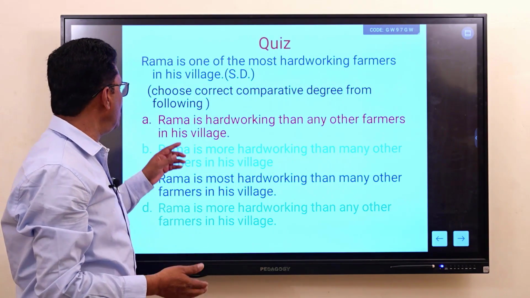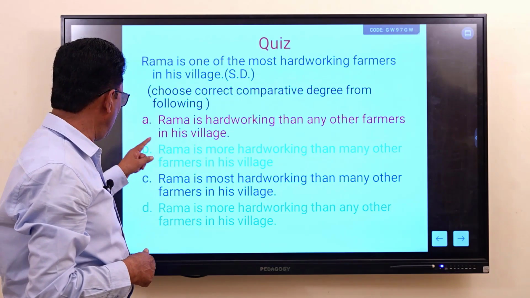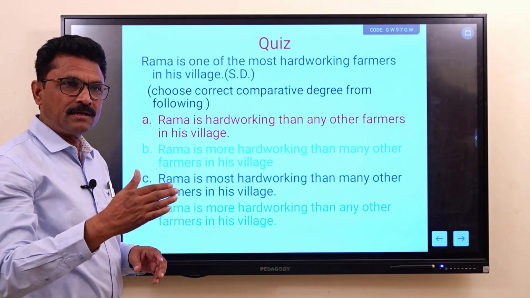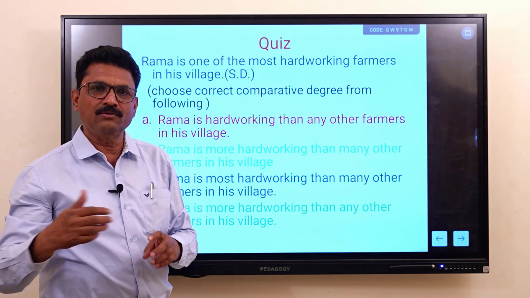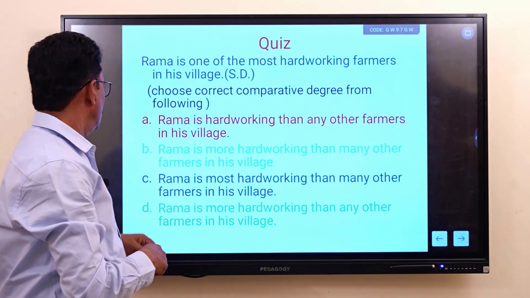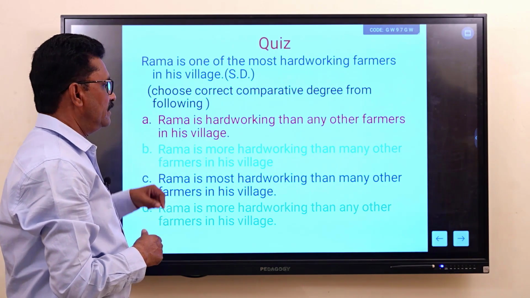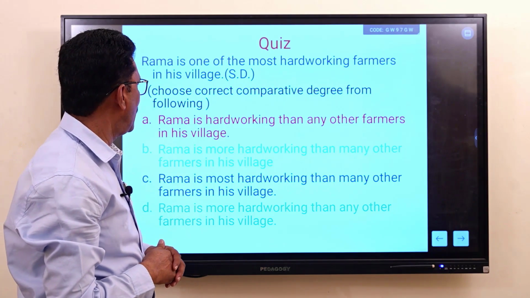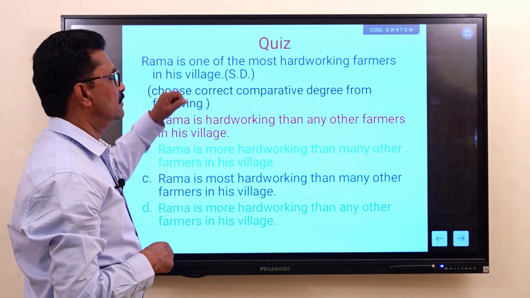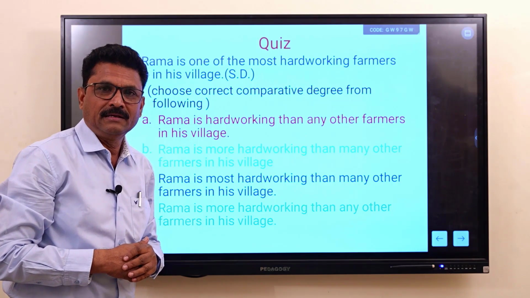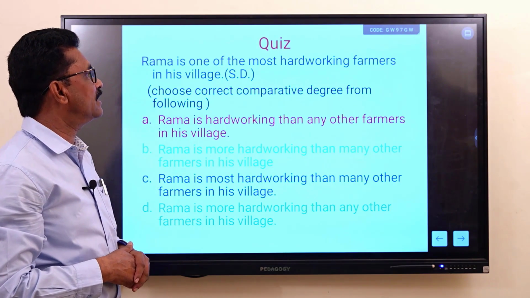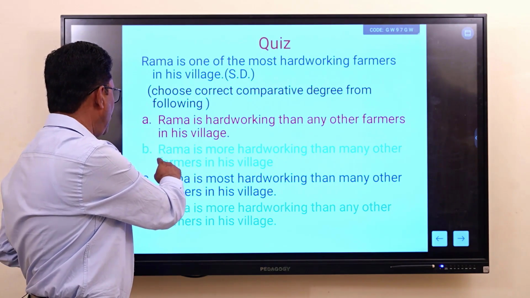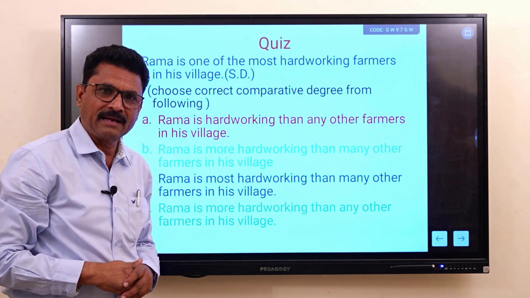So when we compare these statements A, B, C, D, these alternatives, we come to the conclusion that statement B is the correct comparative form and this is suitable for the superlative degree. Means actually when we convert superlative degree into comparative degree, option B is the correct one.